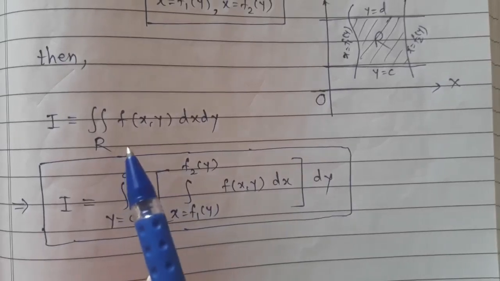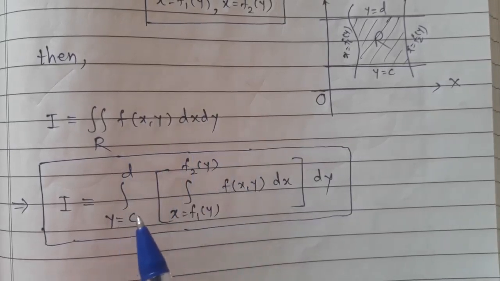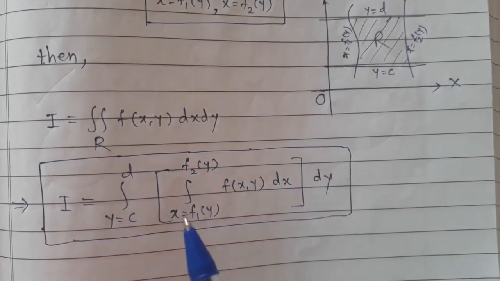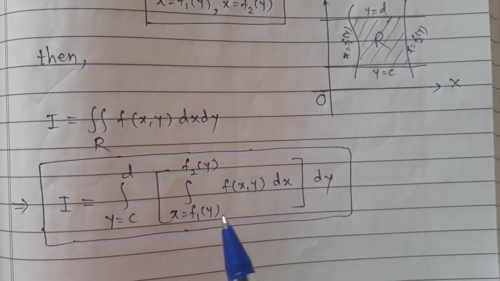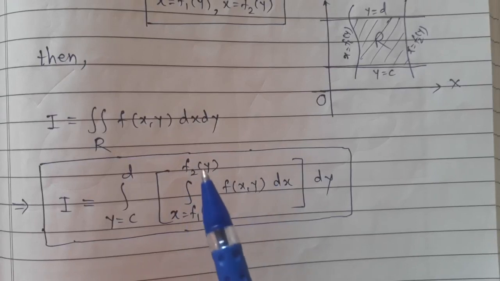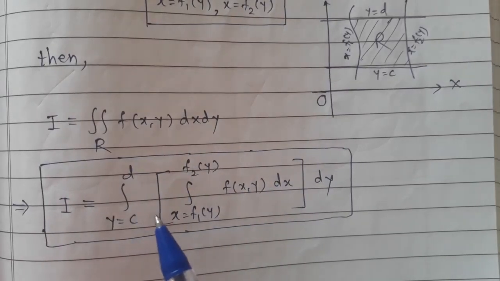So double integration over R of f of xy dx dy can be written as integration y from c to d. The constant limits of y are outside, therefore dy is outside. Integration x equal to f1(y) to f2(y) of f of xy dx. Limits of x are inside, therefore dx is inside. We give the first preference to integration with respect to x because they are the function limits, and second preference to y because the limits are constant.